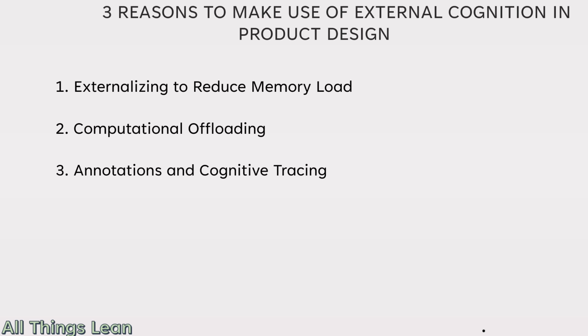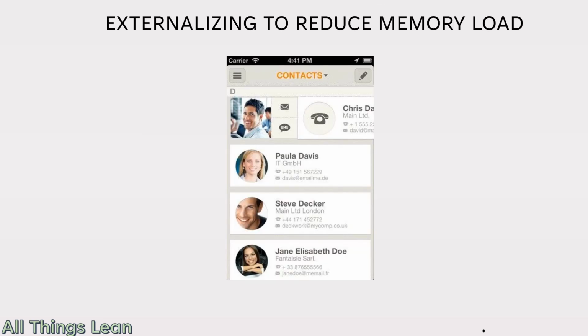The first of them is externalizing to reduce memory load. Second, computational offloading. And third, annotations and cognitive tracing. Now let's look at all of them in detail.